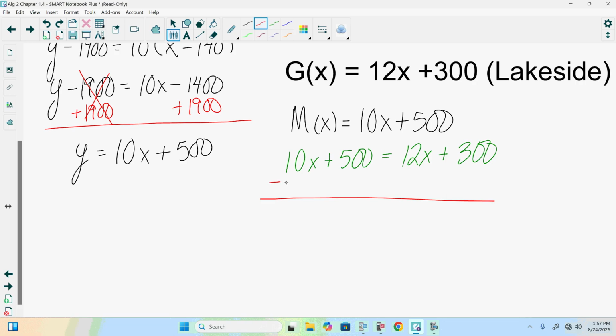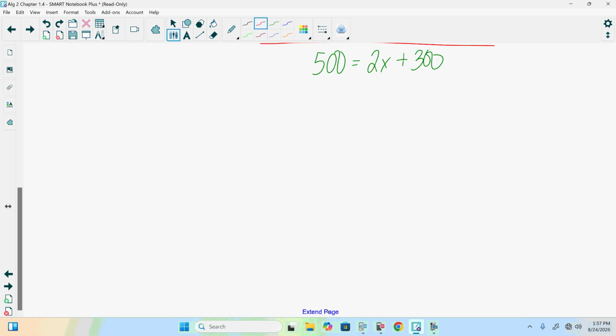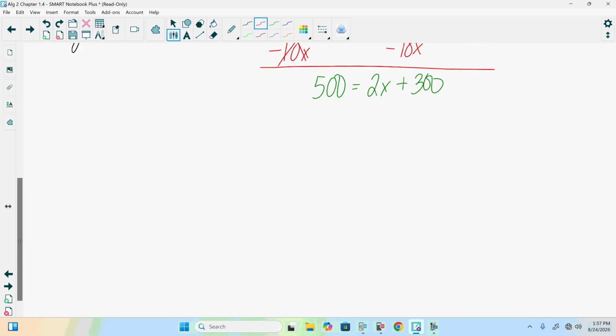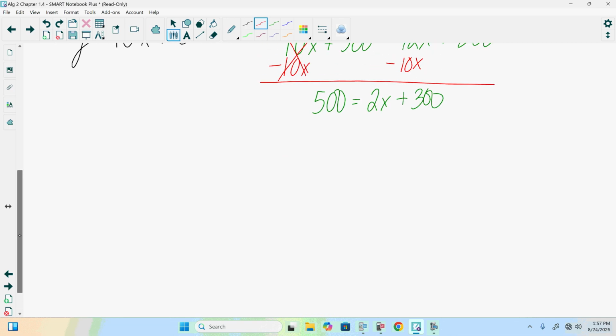So we could subtract 10x from both sides. And that will tell us that 500 is equal to 2x plus 300. Well, whichever one we pick first kind of restricts us to what we have to do next.